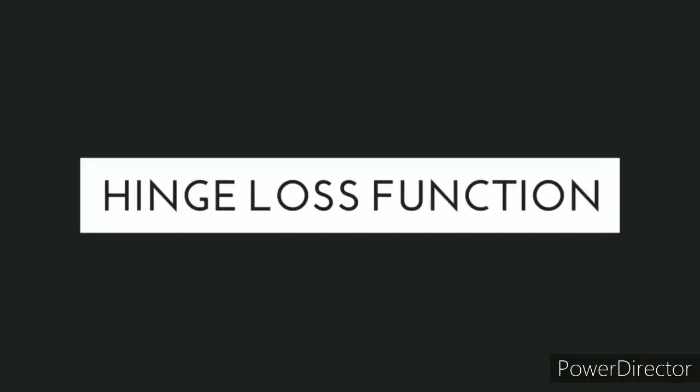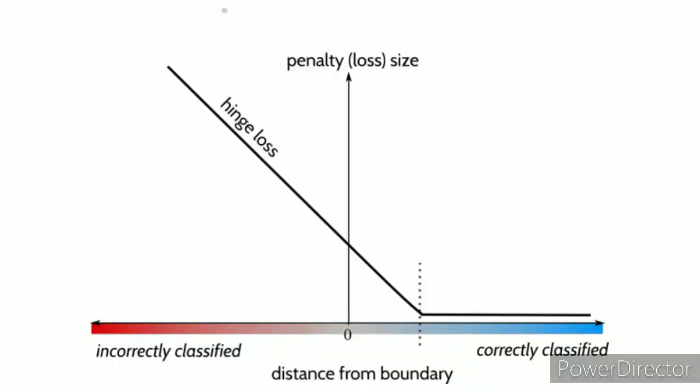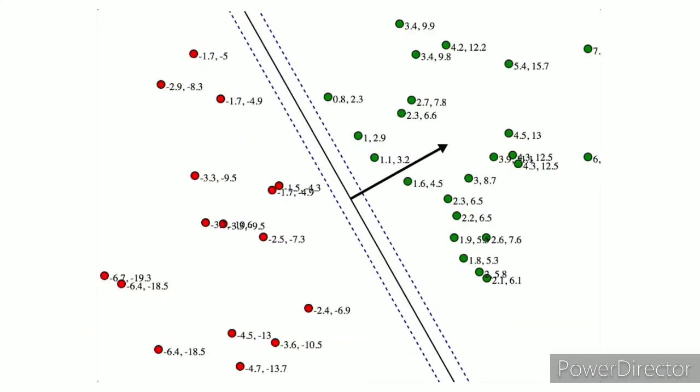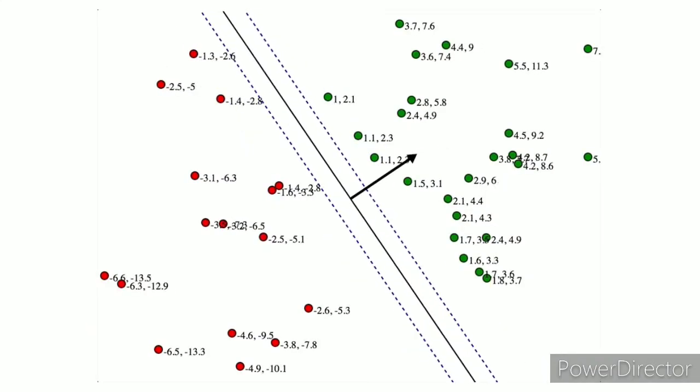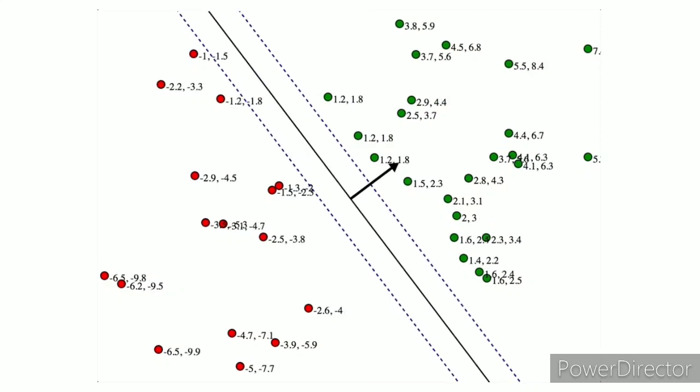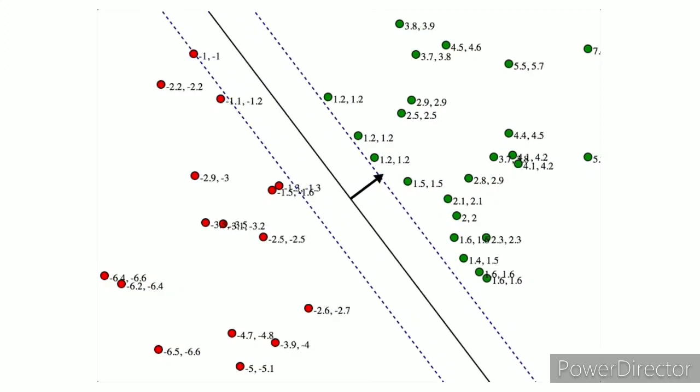Now let's look at the hinge loss function. This loss function is used by support vector machines for classification. Hinge loss is a loss function that is used for training classifier models in machine learning. You can see that it is max of 0 or 1 minus the product of actual and predicted.